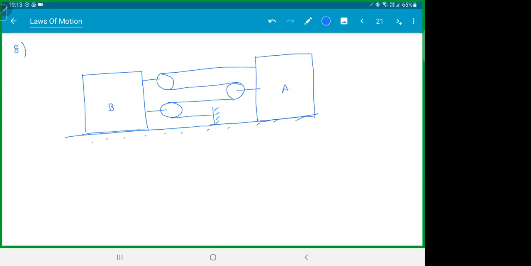This is B and this is A, and A is going with the speed of U. So we need to find VB. This is the point P and this is the point Q. P and Q are points on the string. You took a marker and you marked 2 points on the string. Find VB, VP, VQ.